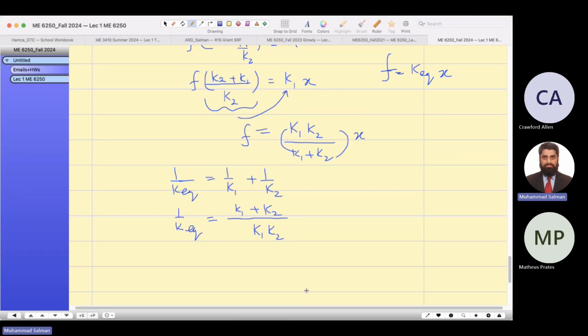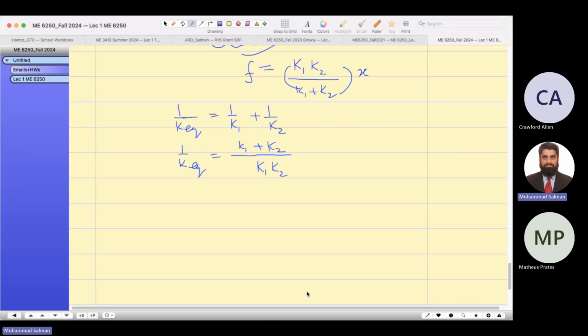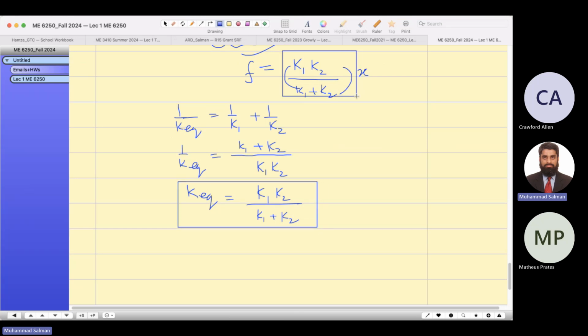Then just flip both sides: the numerator becomes the denominator and then flip that. So k equivalent equals k1 k2 over k1 plus k2, and it's the same thing which we just proved earlier.